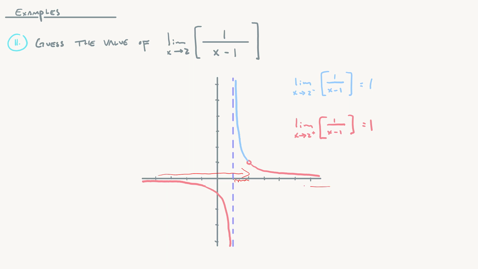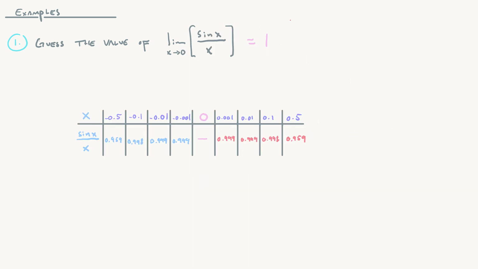From the right, as x approaches 2 from the right, our y values again seem to be converging to 1. They're the same, that's why we can make this conclusion. In the first one, similar story. From the left, it looks like we're approaching 1. From the right, it looks like we're approaching 1. This is a tabular format, but it's really saying the same thing as a graph would.